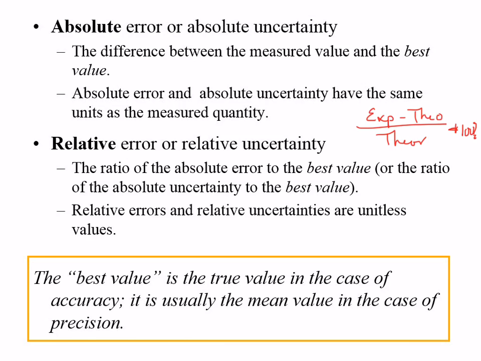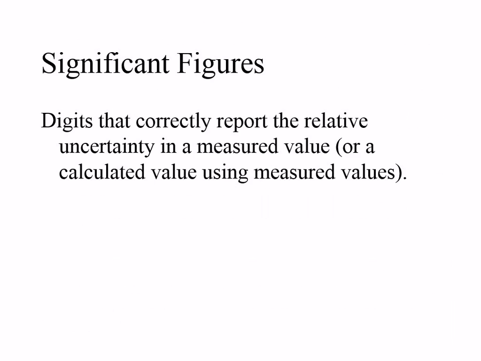It's basically the absolute error divided by the theoretical or actual value. The closer you are to approaching 0 means you were right on the nose, if you get to 0 absolute error divided by your theoretical.